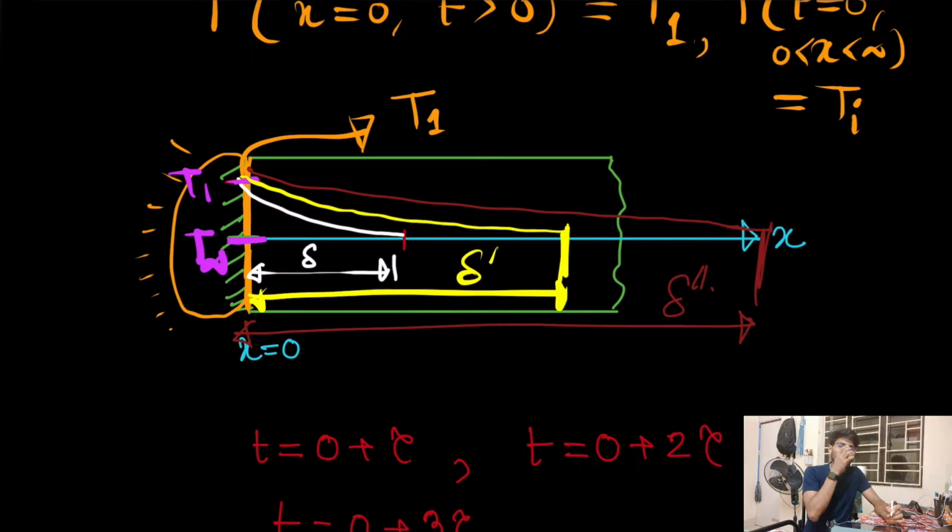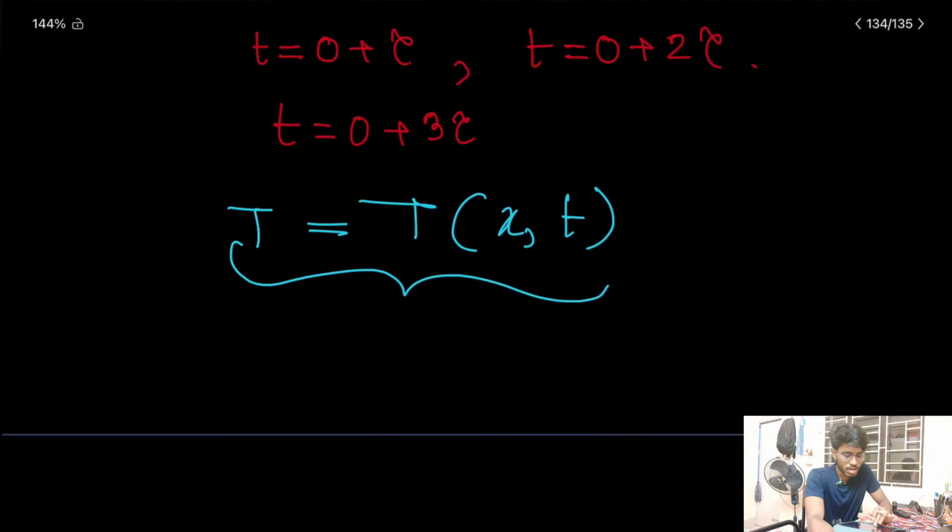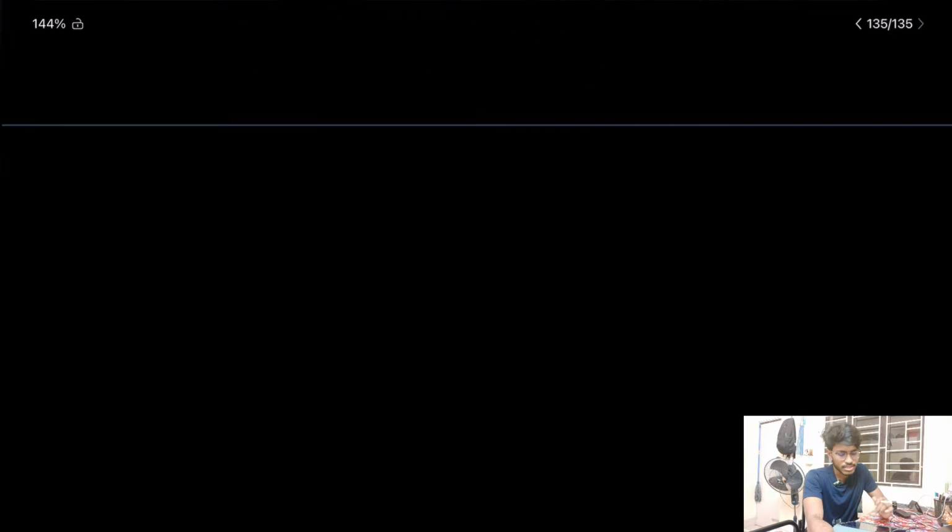I also gave one example of a spoon: if you are cooking something and hold a spoon like this, after a particular time you will be able to feel the heat, and not before that time instant. So now let us proceed towards the exact solution.